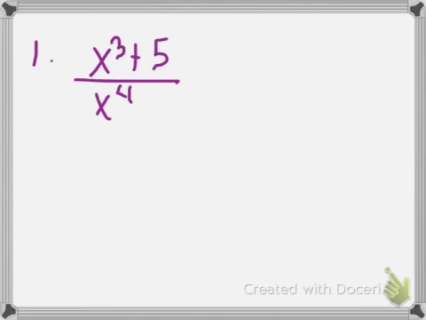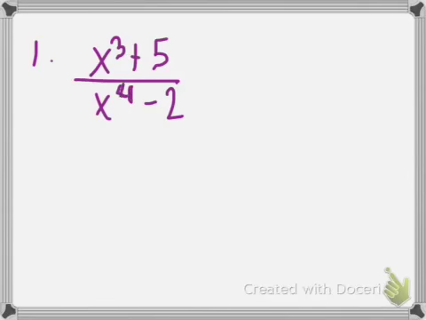Okay? So if the degree in the numerator is smaller, so let's say x to the third plus 5 over x to the fourth minus 2.